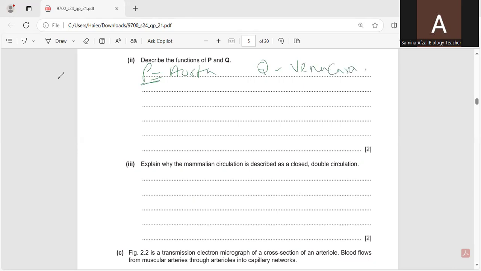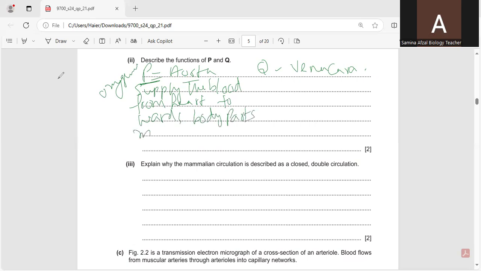So aorta supplies the oxygenated blood from the heart towards body parts, and more pressure is required for distribution.